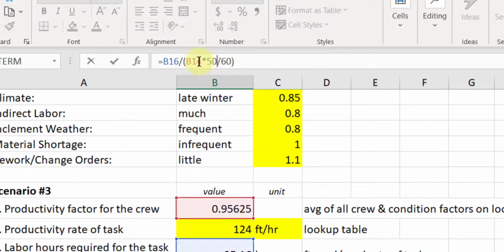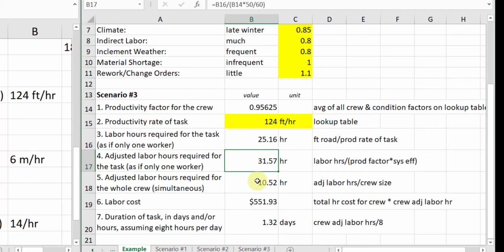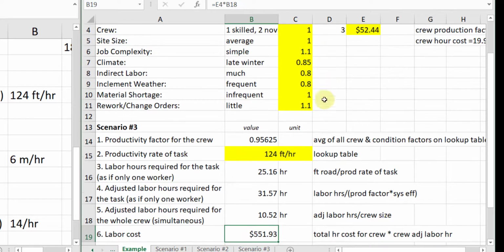And so you can see up in the formula bar, it's just times 50 divided by 60, because it's the same for all of the scenarios. And then we take that adjusted labor hour and divide it among the crew. And so you can see this takes that step 4 divided by crew size.